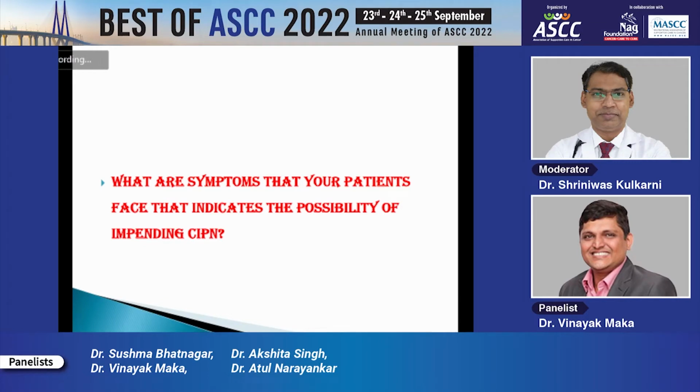It depends on what drug we have given. In our practice, the most common is oxaliplatin. They have a tingling sensation, and progressively a lot of positive symptoms will be there, tingling sensation and unable to think. It's progressive.